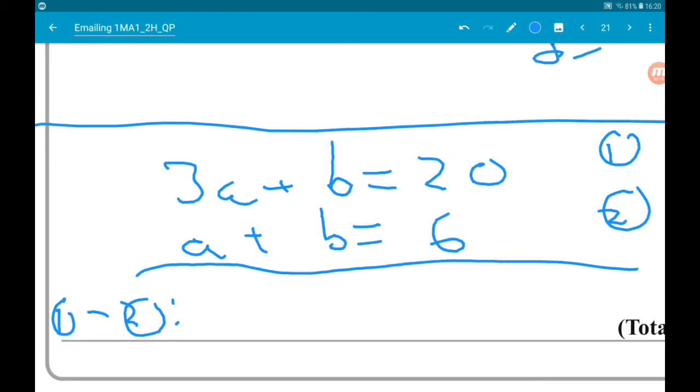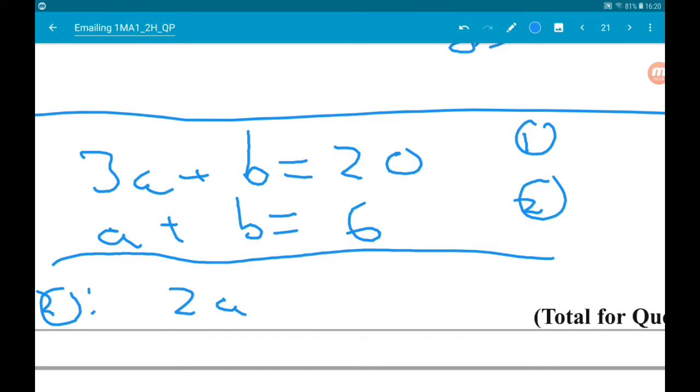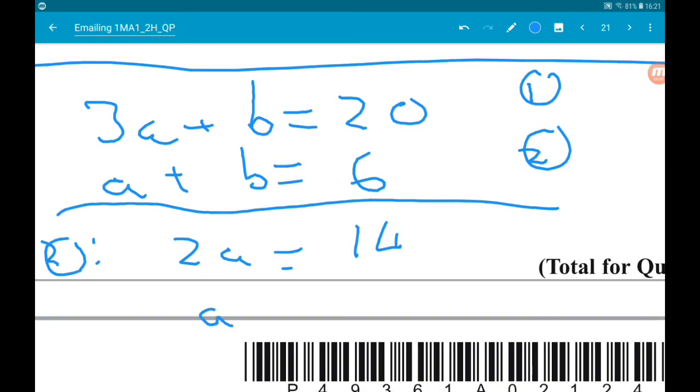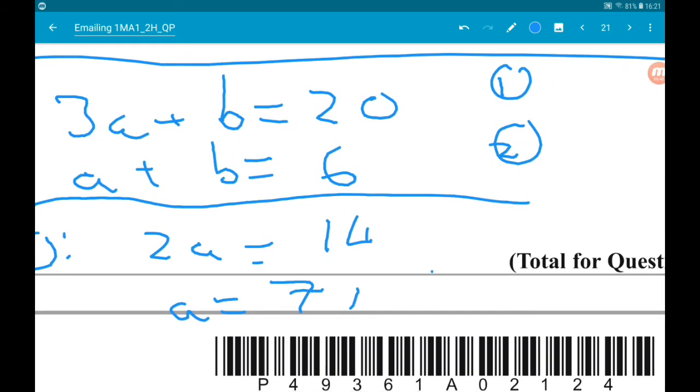So 3a minus a is 2a. b minus b goes away. 20 minus 6 is 14. From that, we can then get a is 7, which means then that if a add b is 6, b has to be minus 1. Cool.